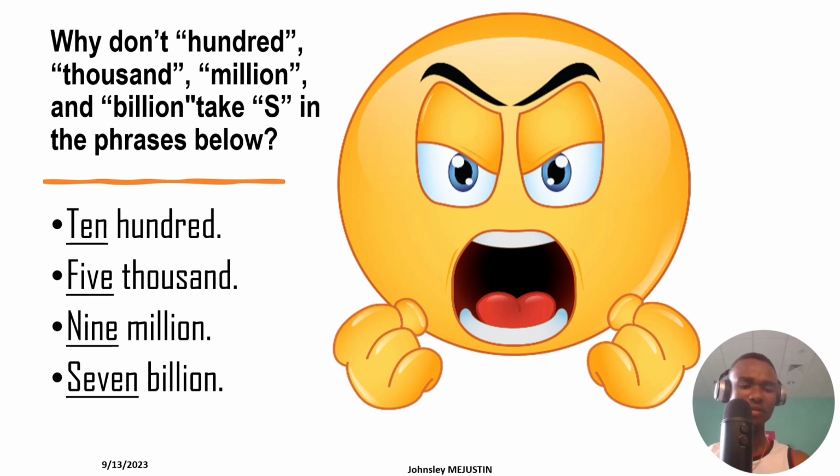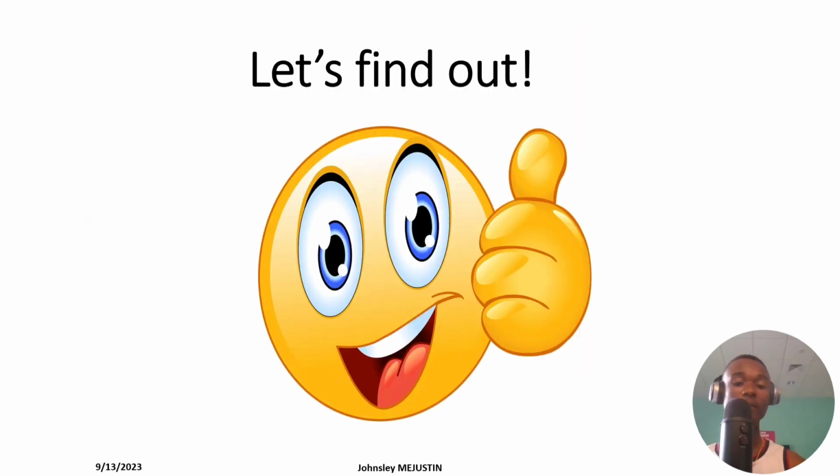But here we have more than 100. Why not 10 hundreds? Why not 5,000s? Why not 9 millions? Why not 7 billions? We don't say 10 hundreds, we don't say 5,000s, we don't say 9 millions, we don't say 7 billions. Let's find out.